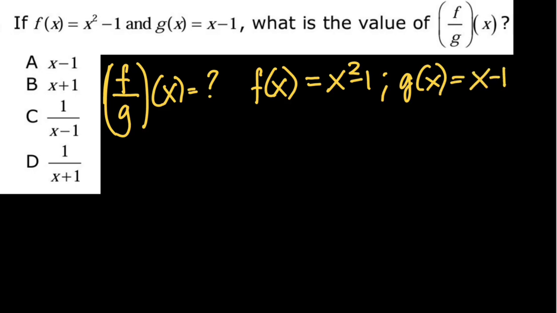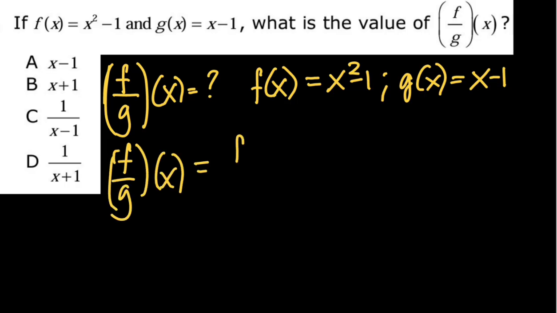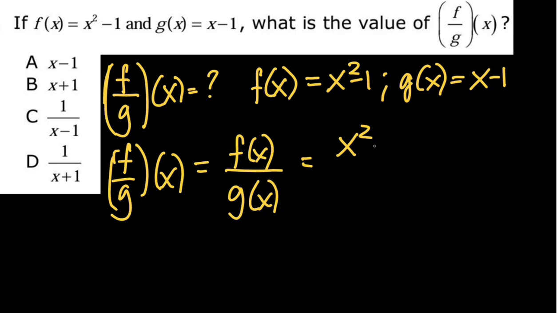Now to solve this, f over g of x means we just divide the two functions, f of x over g of x. So this is x squared minus 1 over x minus 1.